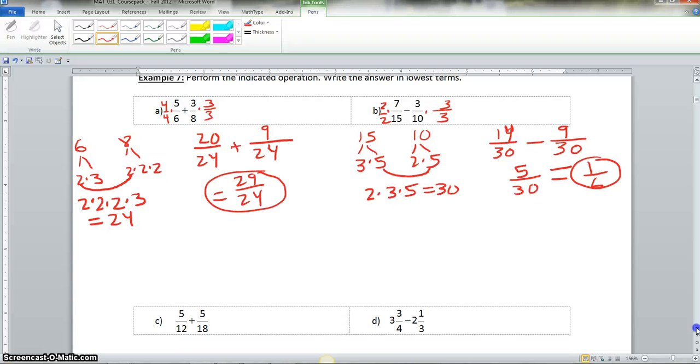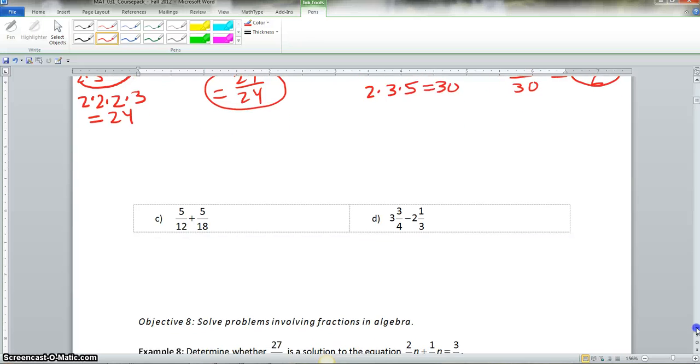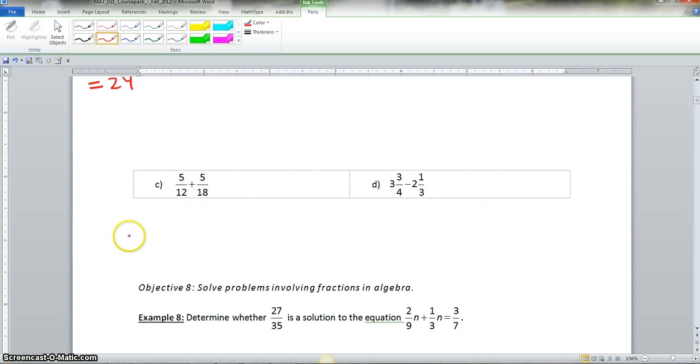Okay, now we scroll down here. Now we have 5/12 plus 5/18. Now we look here. 12, since we did this in previous problems, we know breaks down to 2, 2, and a 3. And 18, we know, breaks down to 2, 3, and 3.